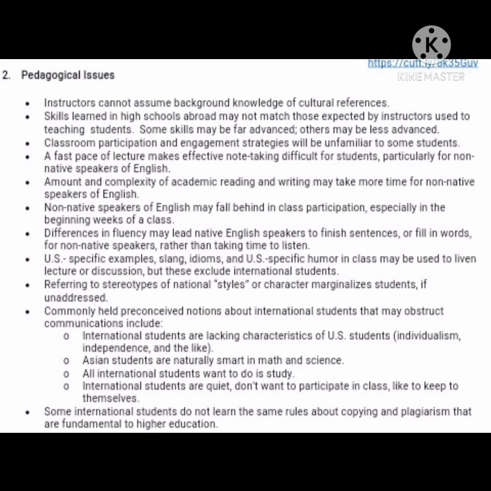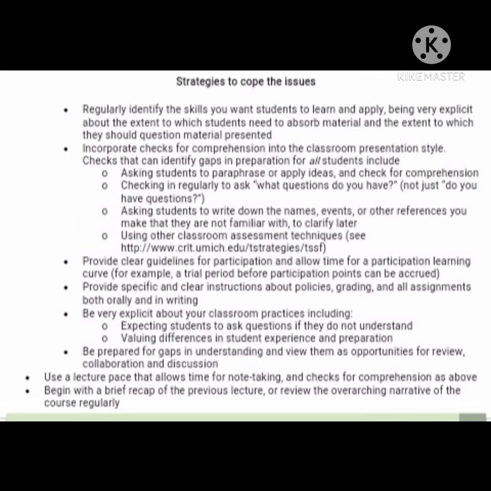So, strategies to cope with the issues. First, provide clear guidelines for participation and allow time for a participation learning curve. For example, a trial period before participation points can be accrued. Then, provide specific and clear instructions about policies, grading, and all assignments, both orally and in writing.